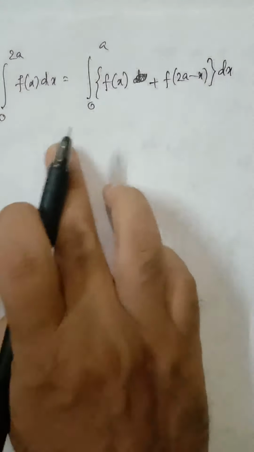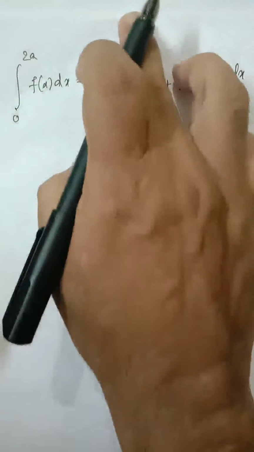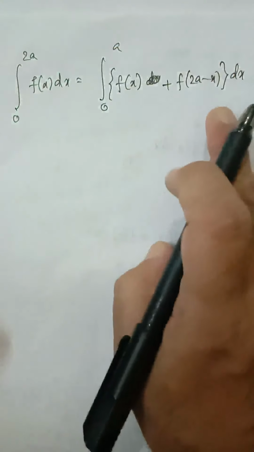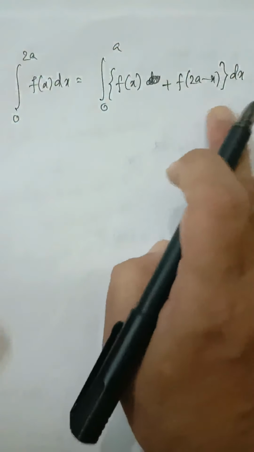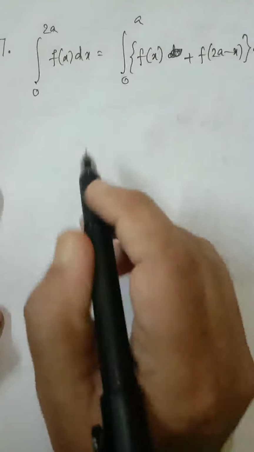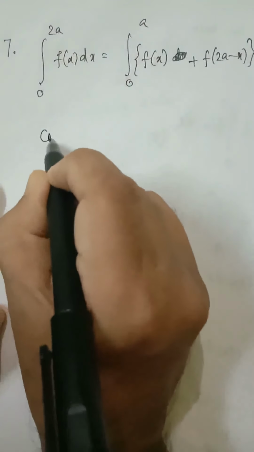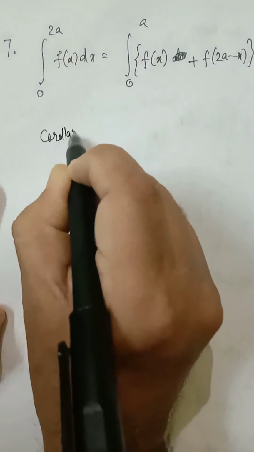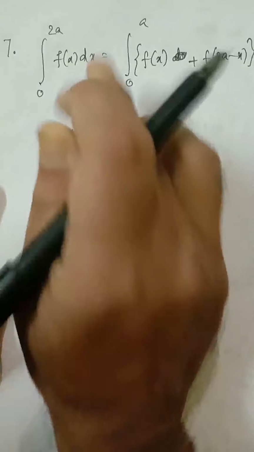That is, the integral from 0 to 2a of f(x) dx equals the integral from 0 to a of f(x) dx plus the integral from 0 to a of f(2a - x) dx. And from this, what will we get? Again I am writing a corollary, that is, the results which will come from this.